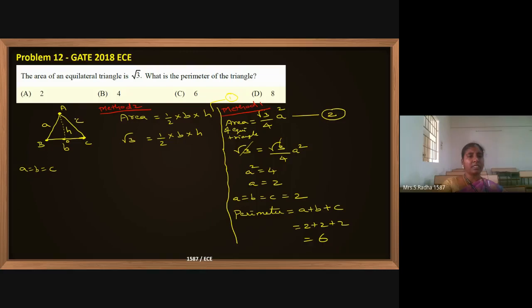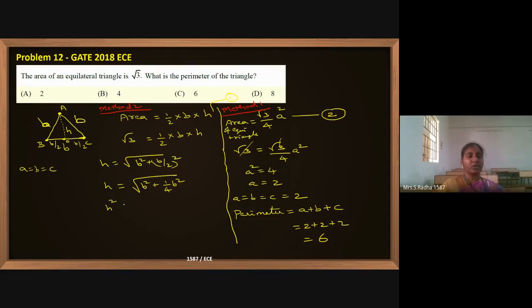Because all these sides are equal, this can be considered as b, and this can also be considered as b. If you find h, h is the square root of b square plus b by 2 whole square. This is b by 2 and this is b by 2. So I am finding the h value. This becomes square root of b square plus 1 by 4 b square.